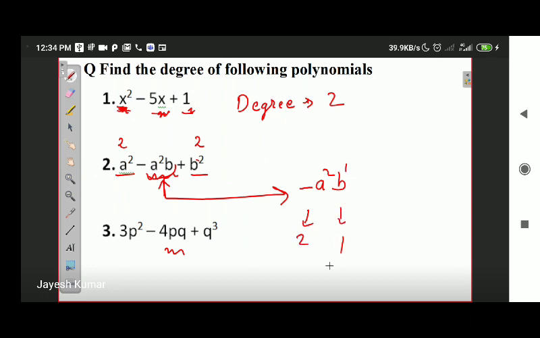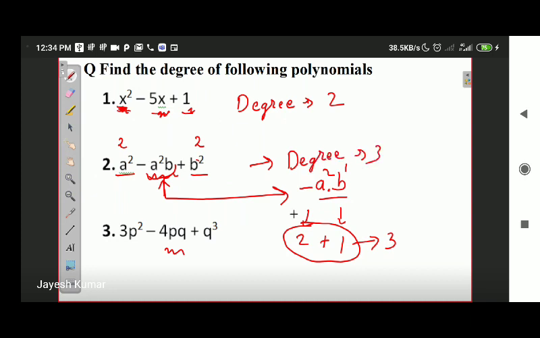If I have such a case in which two or more variables are being multiplied, then what we do is we add the powers of the variables. When do we add the powers? When two or more variables are being multiplied. So when we add, we get 3. So the highest power becomes 3, the degree becomes 3. I will share some more examples related to it.